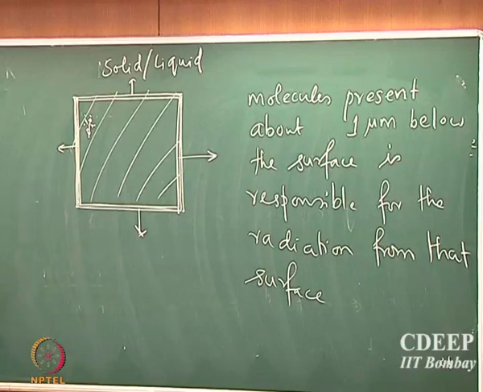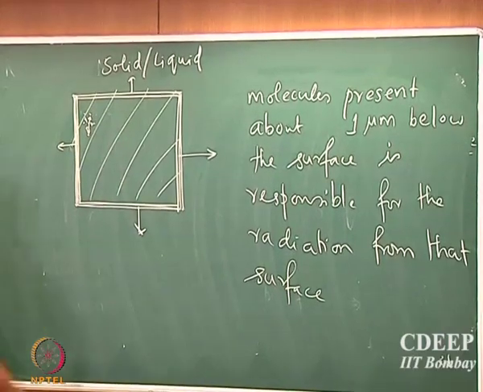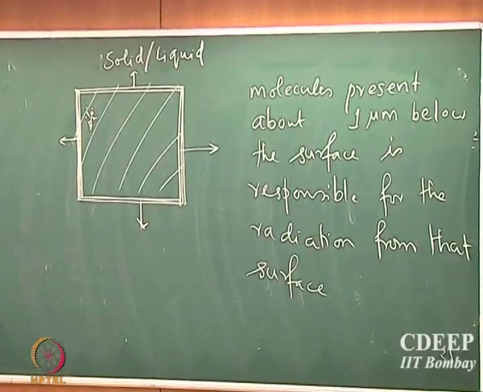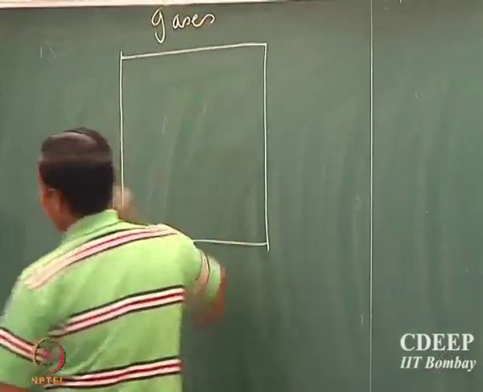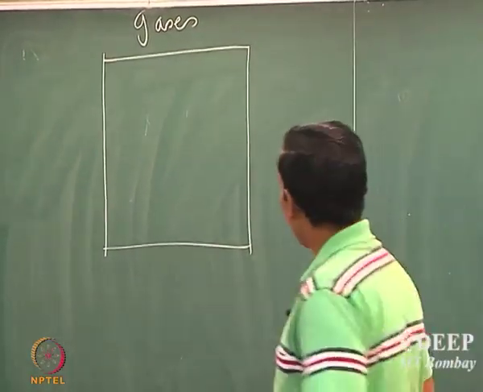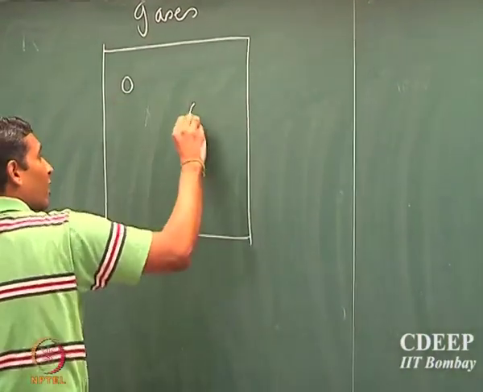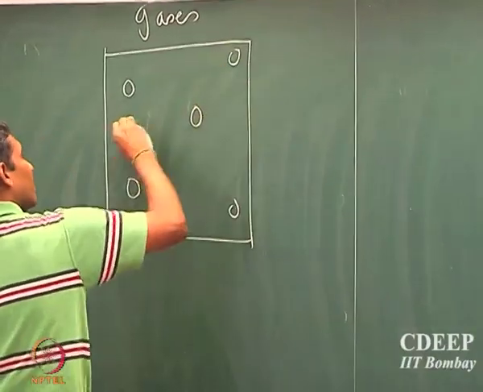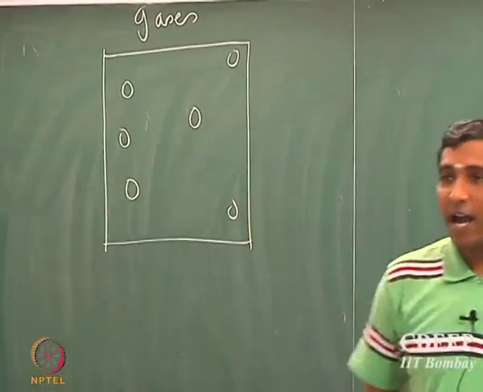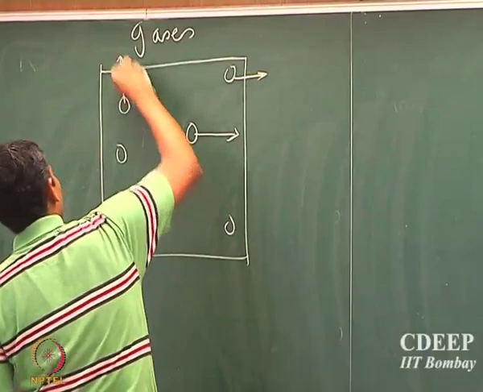Remember that gases also emit radiation. So radiation is emitted by all systems. We observed that radiation is emitted by all forms of matter. When it comes to gases, it is slightly different, because the density of gases is very, very low. Supposing a gas is placed in a container, you have molecules dispersed in this medium, and as we observed, every molecule in principle can emit radiation.